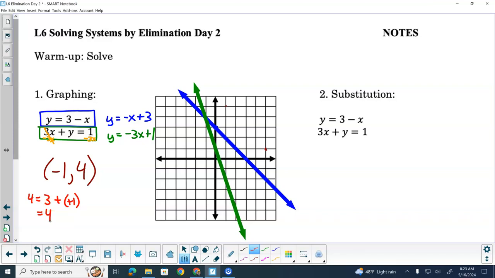Do I have to go back to my original equation? Okay. You can look at your paper too.